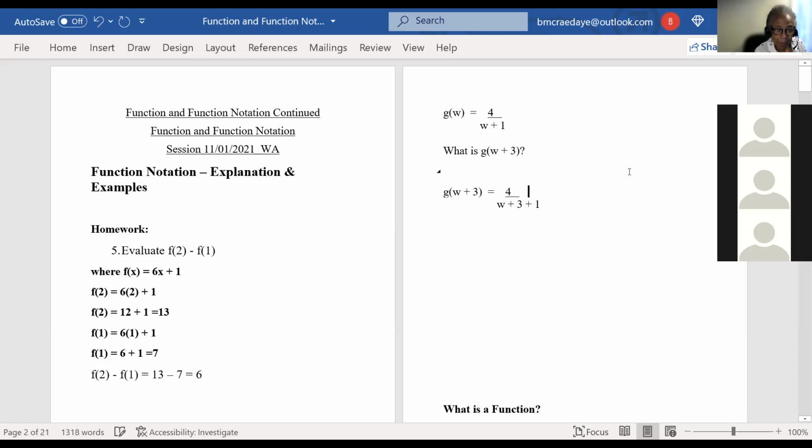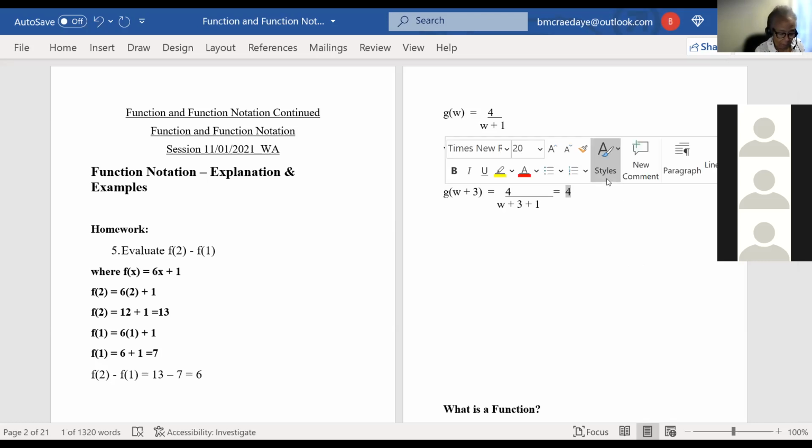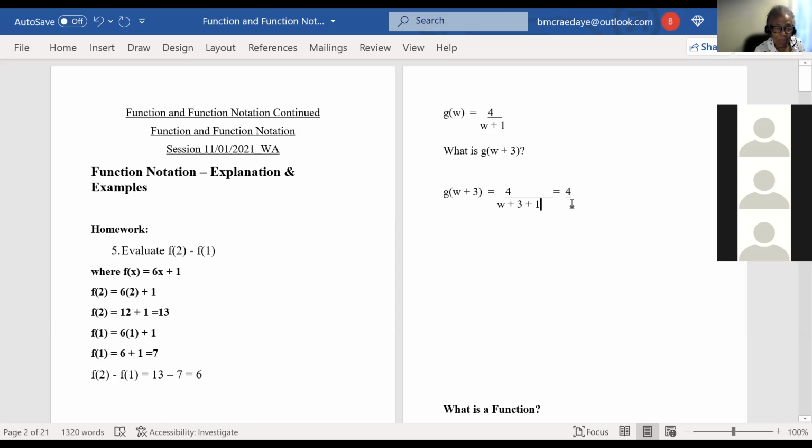That's going to be equal to what? 4 over what, Maureen? Are you throwing away a W? Gotta keep your W. You can't throw away anything. Have to keep the W. So that would be W plus what? 3. Okay, it would be 4 over W plus 3, plus 1.